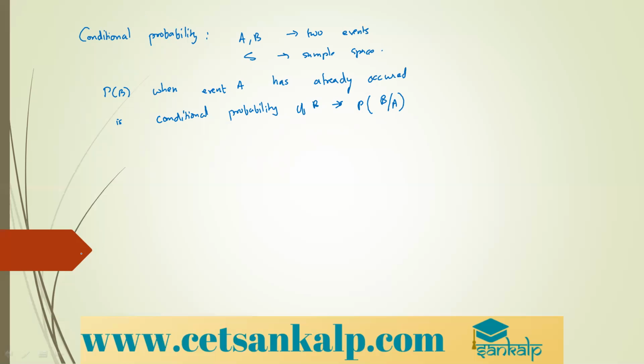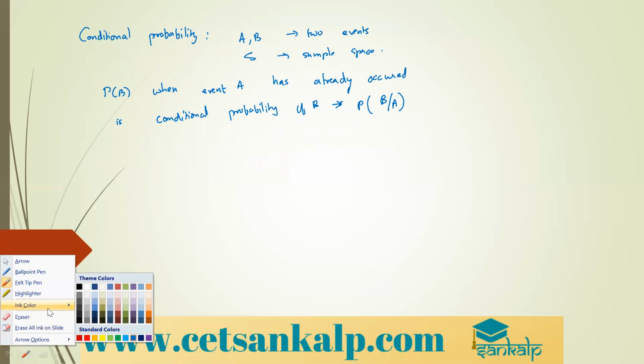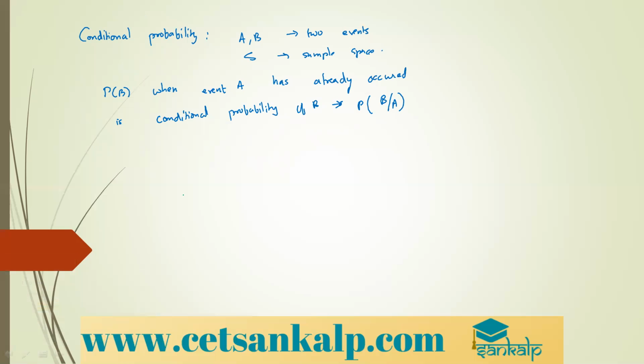To understand this, we have to go through one example. Then you will understand what is conditional probability. Suppose in a box there are 8 tickets. These tickets are numbered 1, 2, 3, 4, 5, 6, 7, 8. One ticket is drawn at random.